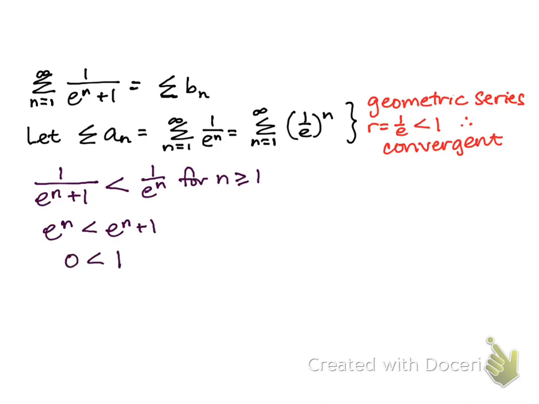So that meets the criteria that I need to apply the comparison test. So my conclusion would be that b sub n is less than or equal to a sub n for n greater than or equal to 1.